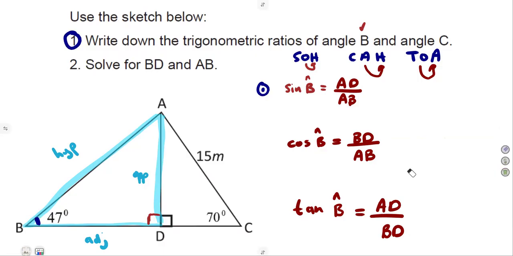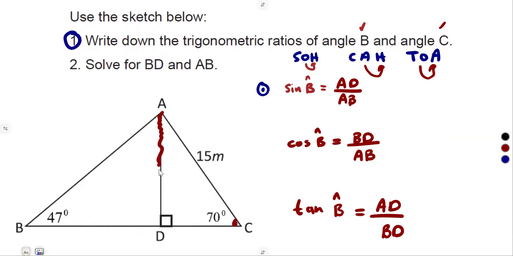You do the same thing for the other angle that you are given, the angle C. According to angle C, you name your sides according to angle C in a right angle triangle. There is a right angle triangle formed, ADC.